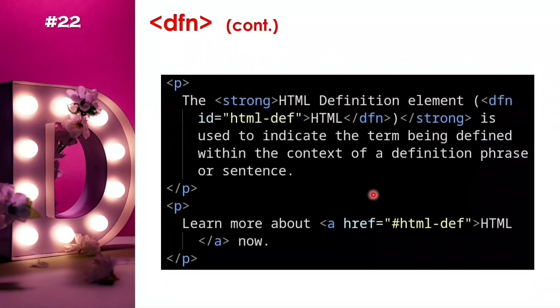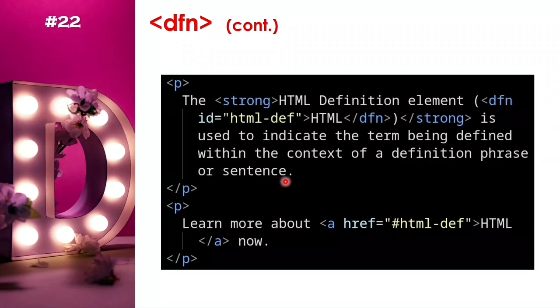So for example, you see here, we have a definition of the HTML definition element itself, right? So I'm saying the HTML definition element, and here we have HTML, right? So in here I'm showing that I have a definition of this HTML element nearby, right? You can see it is used to indicate the term being defined within the context of a definition, phrase, or sentence.